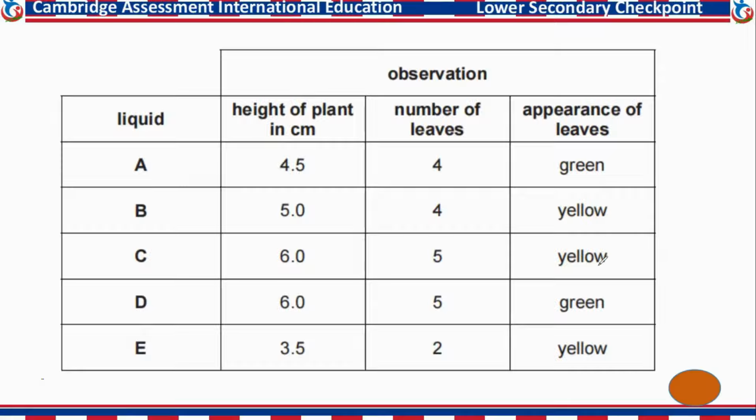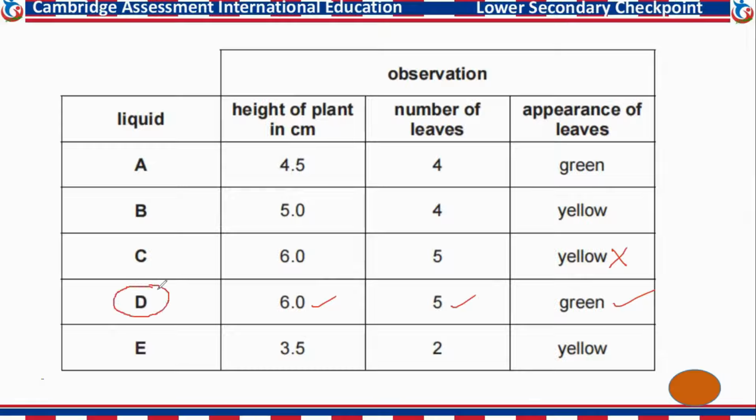Yellow. But look at D, 6 centimeters in height, number of leaves has increased to 5, and the plant is green, to tell you that the plant is still healthy. Number of leaves has increased in C too, but that one is not healthy. So our best shot here is D.